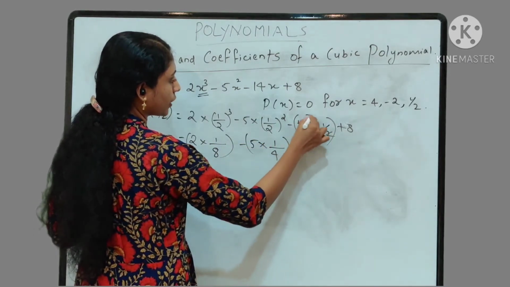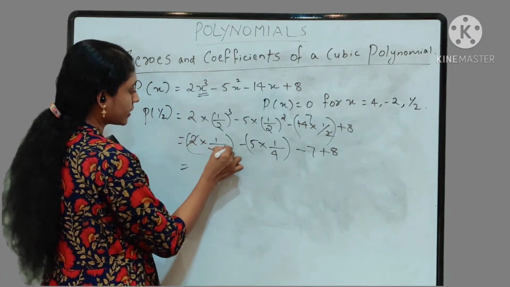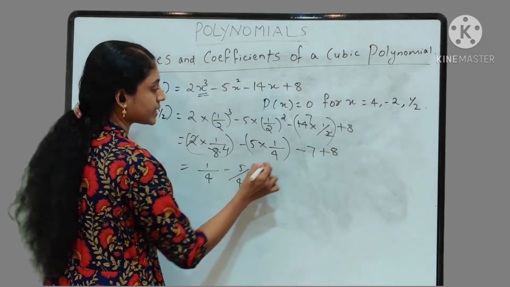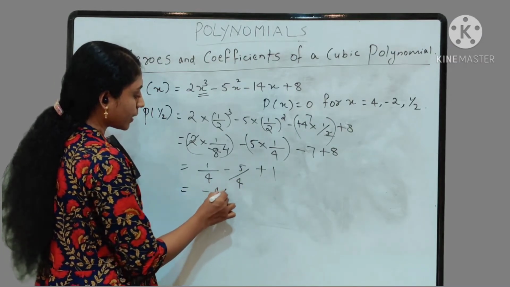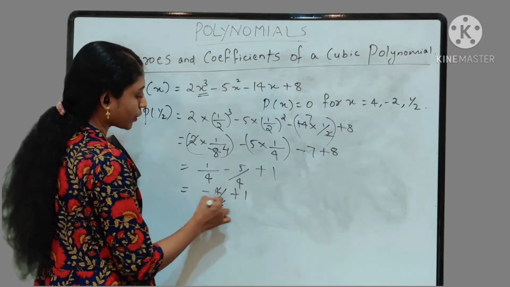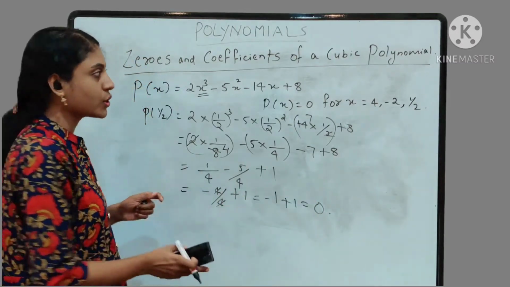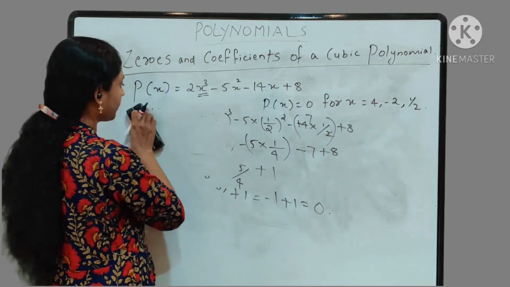Minus 2 and 14 get cancelled, 7 plus 8. So here 8 gets cancelled. 1 by 4 minus 5 by 4 minus 7 plus 8, it is plus 1. And 1 by 4 minus 5 by 4 is minus 4 by 4, plus 1. 4 gets cancelled, which is equal to minus 1 plus 1, which is equal to 0. So for these three values of x, p of x becomes 0.